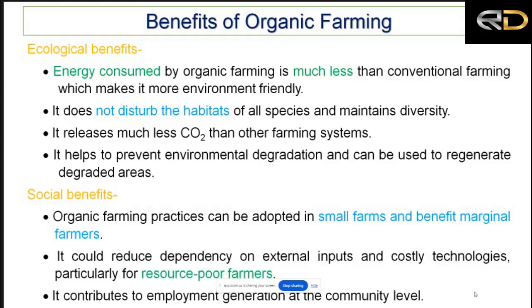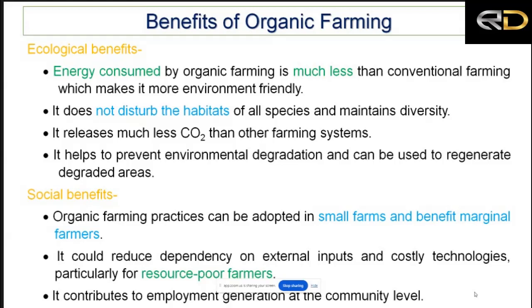Another term is ecological benefits, which is about maintaining sustainability. The main motto of organic farming is maintaining sustainability in the environment. We will not be disturbing habitats while adopting organic farming. As we know, with the increasing population, our intensive agriculture is disturbing many habitats.